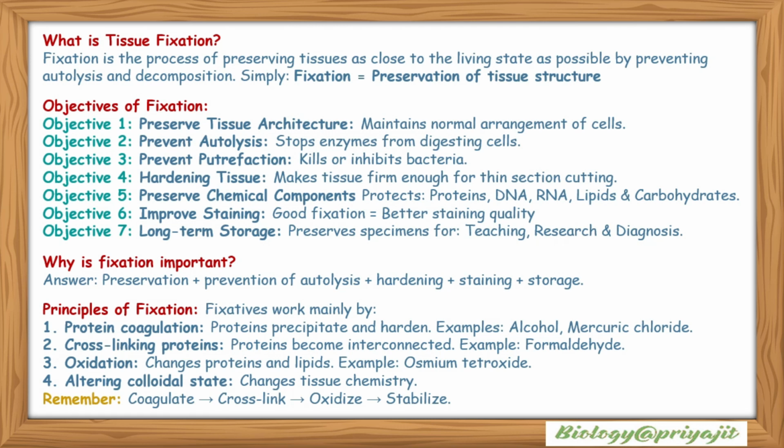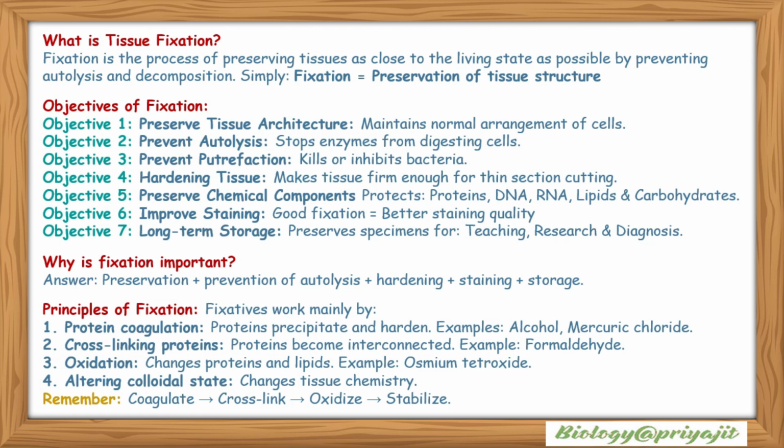Hardening tissue makes tissue firm enough for section cutting. Preserve chemical components, protecting proteins, DNA, RNA, lipids and carbohydrates. Importance: improves staining. Good fixation gives better staining quality. Long-term storage preserves specimens for teaching, research and diagnosis.